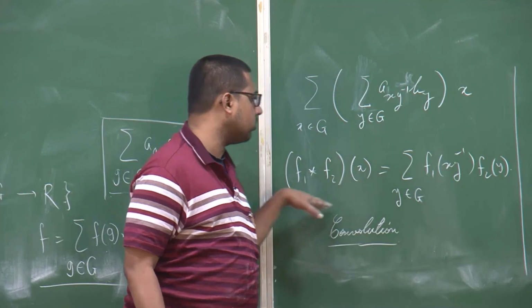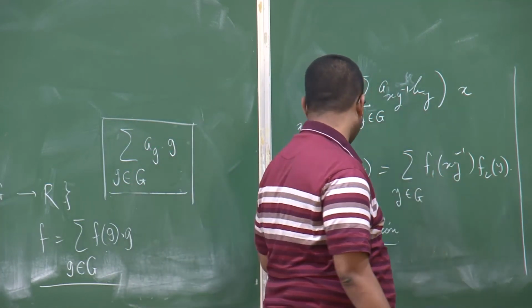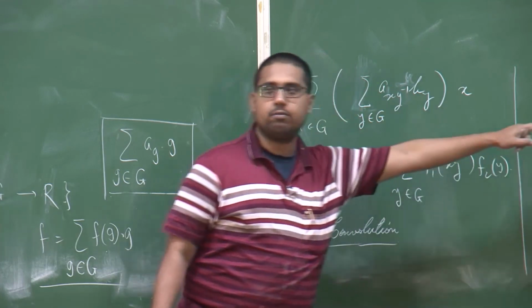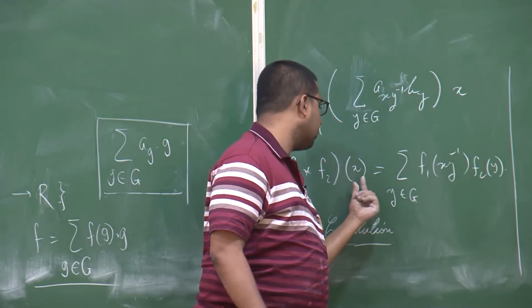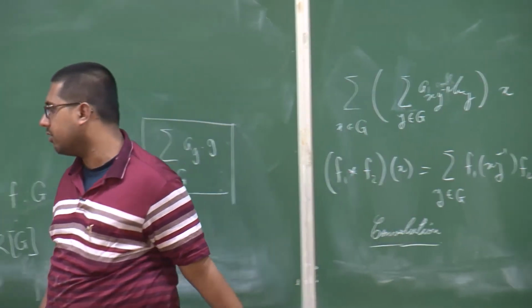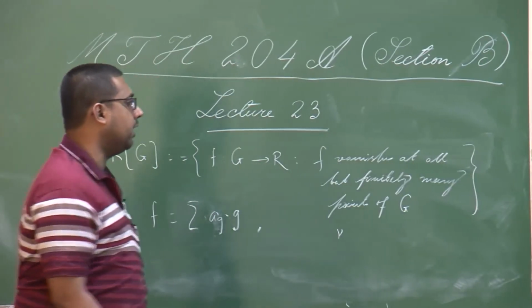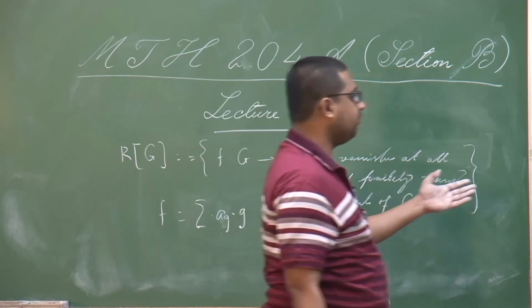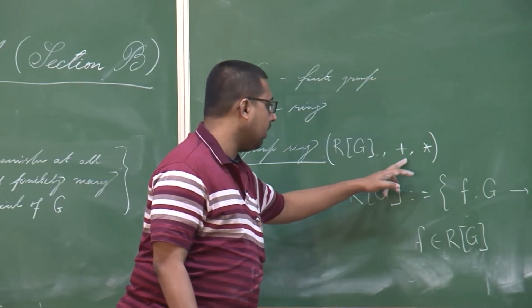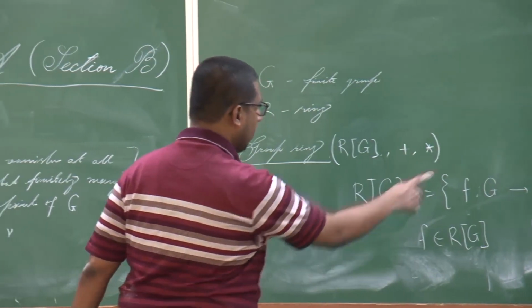Here also you can see that if f and g are finitely supported, as beyond a finite set they vanish, then of course this is also going to vanish for all but finitely many x. So, in general, like the finite case, RG is also a ring with respect to the addition and the convolution.